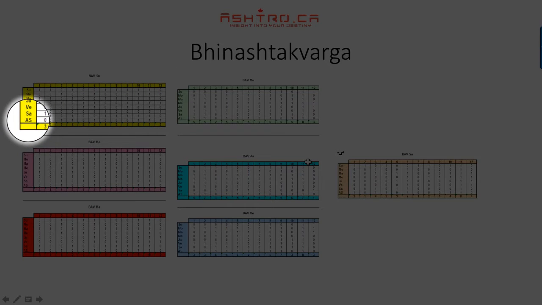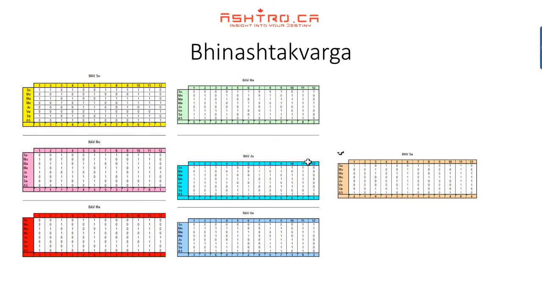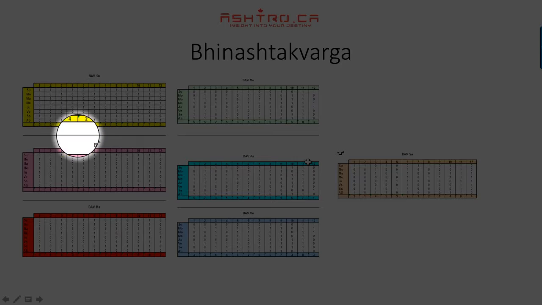Now, ascendant. Why have we added ascendant? Ascendant is very important because we cannot get the house placement of any planet until and unless we factor in the ascendant. So here in our example, if Sun is in the ascendant, it does not get the support here.